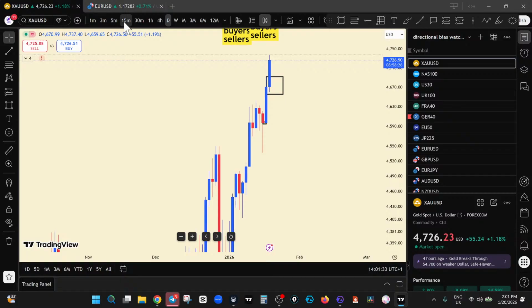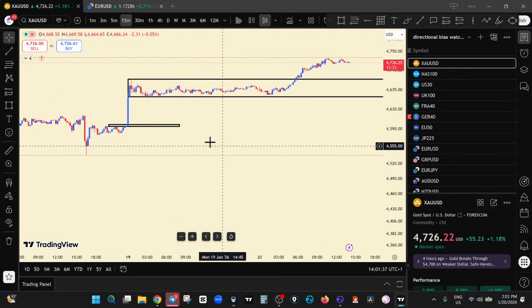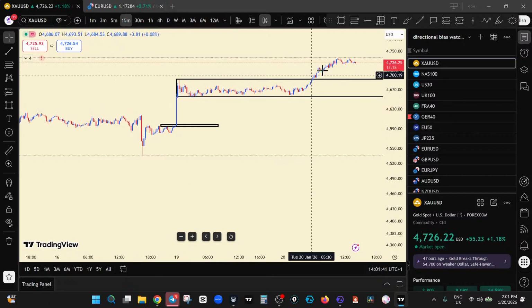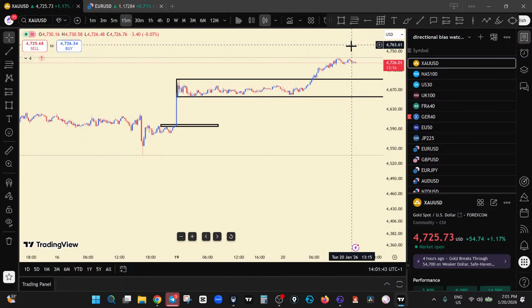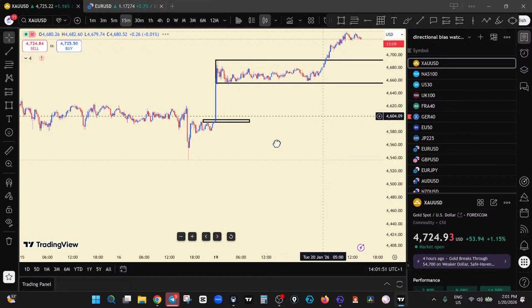If I go to the 15 minutes here, you can see that is consolidation. Market consolidates. Once it breaks, it pushes up. Okay, so that is that.